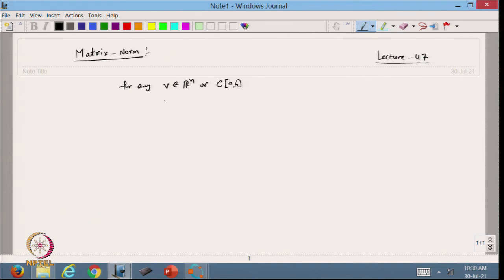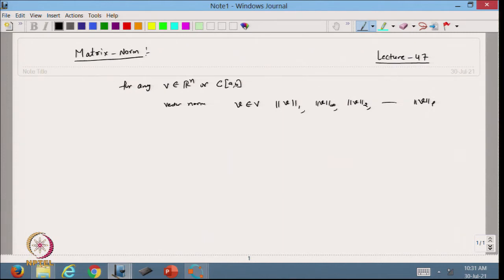Then we have discussed that we can define the vector norm, for any v belongs to V. This is my vector norm, and we have discussed the one norm, infinity norm, two norm, and in the end we have discussed that we can define the p norm.